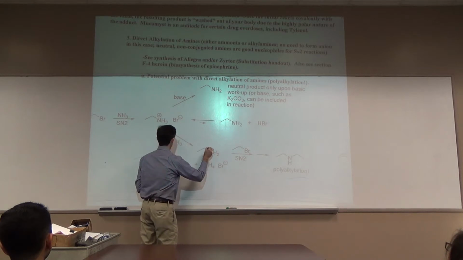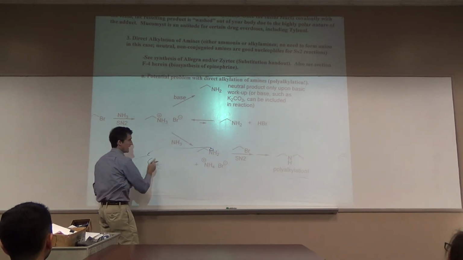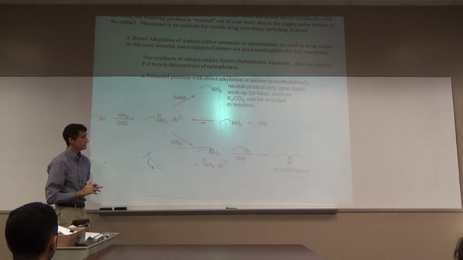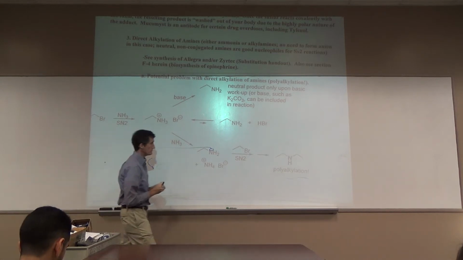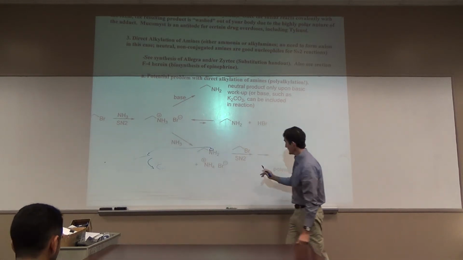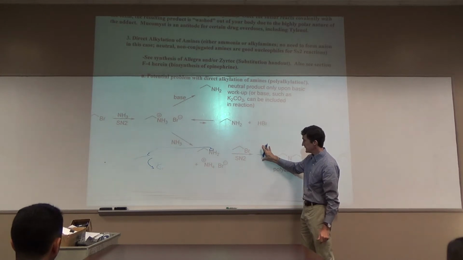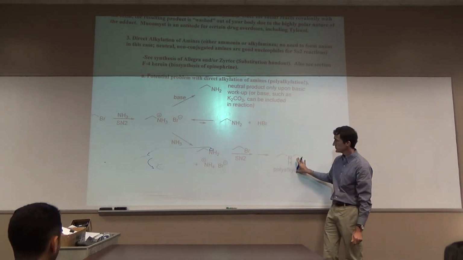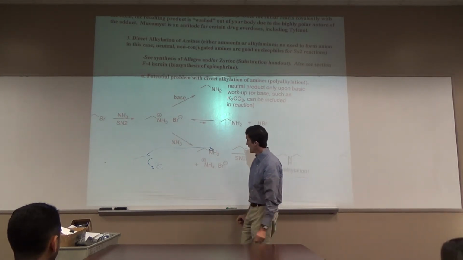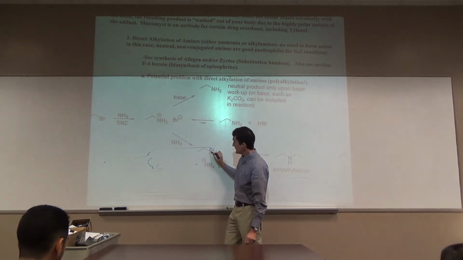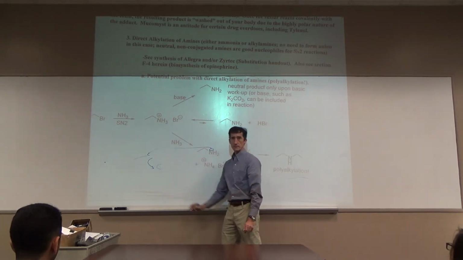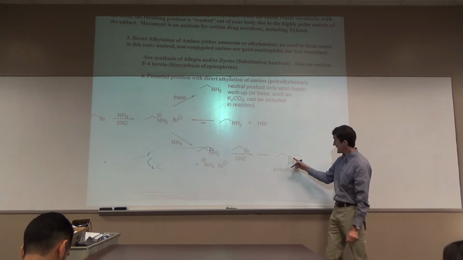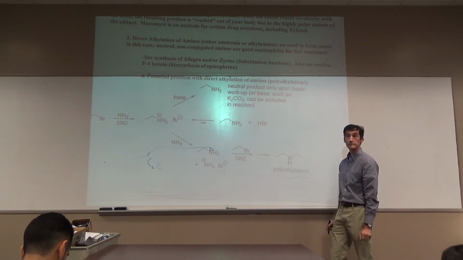Now this can come in here and alkylate again. You're going to get a positive nitrogen, but then something can take that H to go neutral. And so this can alkylate a second time. And then this guy can actually alkylate a third time.